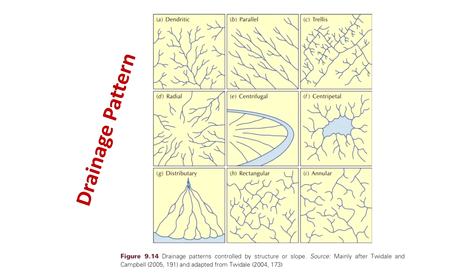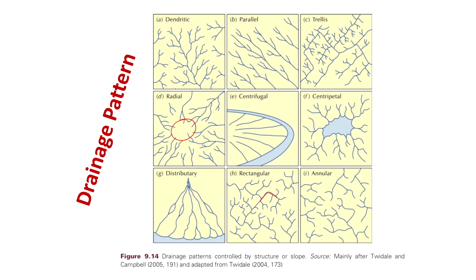Like here also, a few have been classified. In deltaic regions you will see distributaries, and in rectangular patterns you will have jointed patterns along which the streams flow. Then centrifugal, radial, which you will have in domal areas.